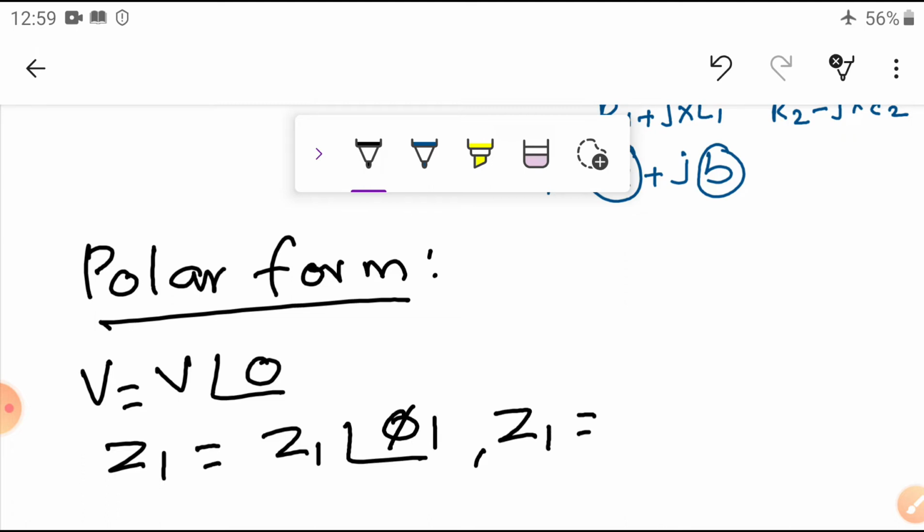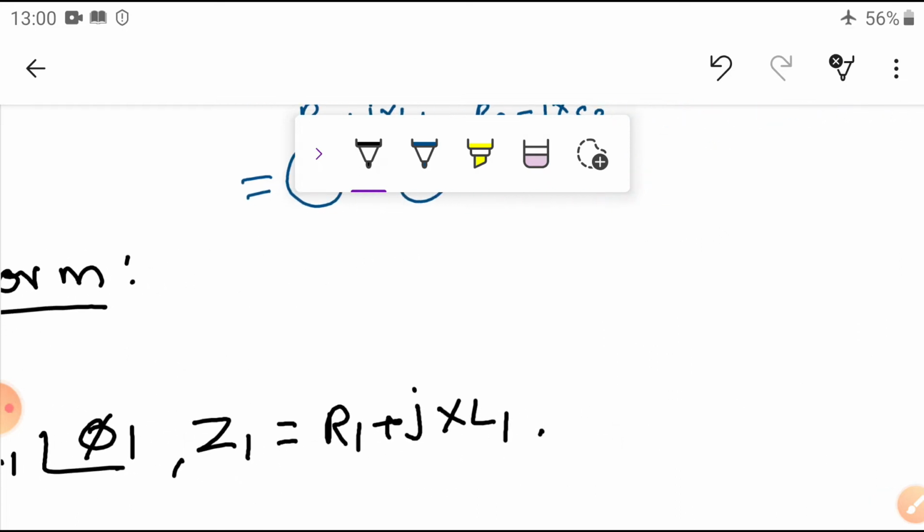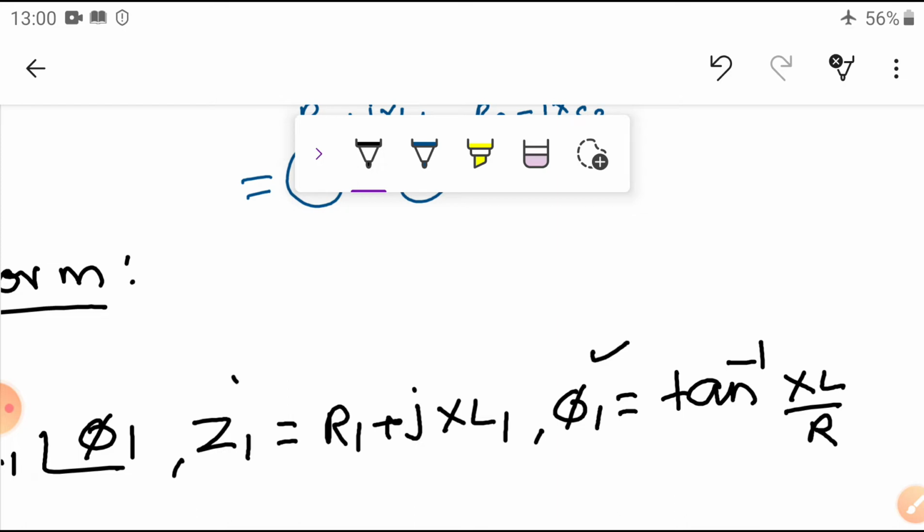Z1 is equal to R1 plus jXL1. Then what is phi 1 here? Phi 1 is equal to tan inverse of XL by R.